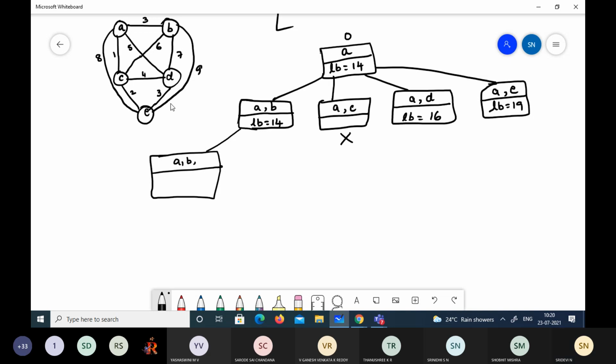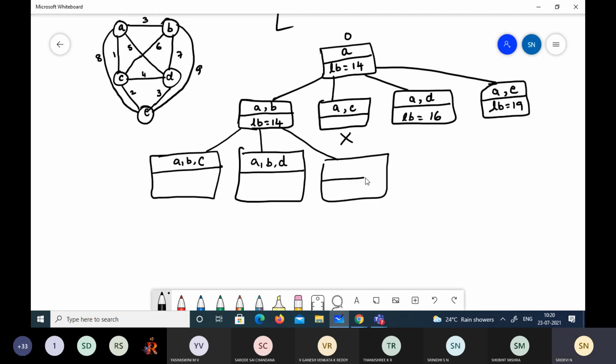So first we'll calculate the lower bound. By reaching D, ABD we will take, and also we can calculate the lower bound. AB is fixed, going for E. Among these three, we'll select the one which will give you the least lower bound. So AB, E.